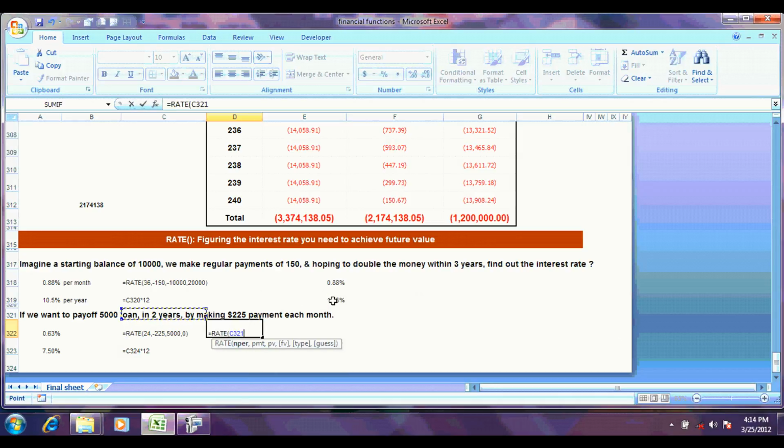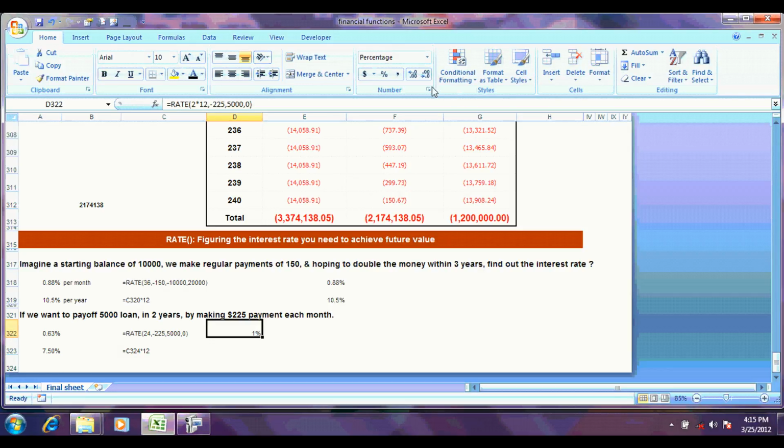Period is 2 years, so that is why 2 into 12. Payment is 225, that is minus 225. Present value is 5,000. It will be positive because you have taken the money, it's a cash inflow. And future value we are assuming to be 0 because you want to pay off the complete loan.